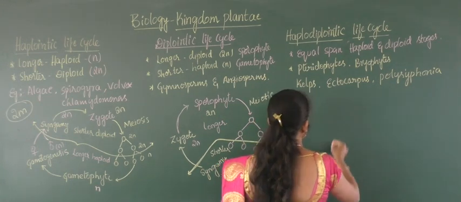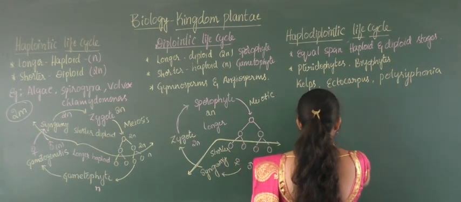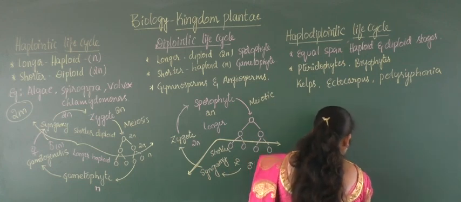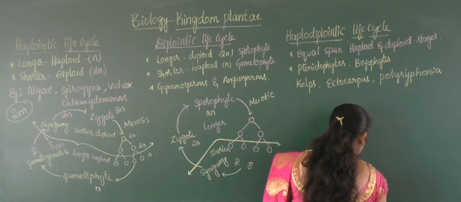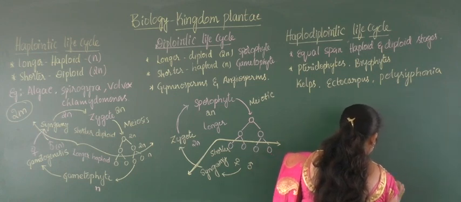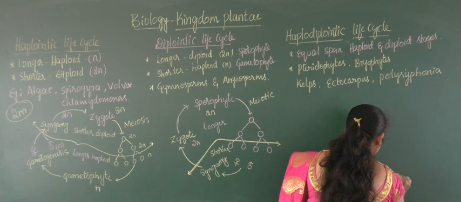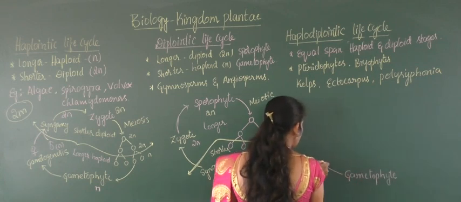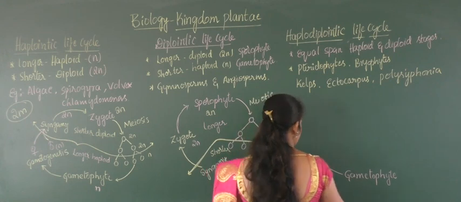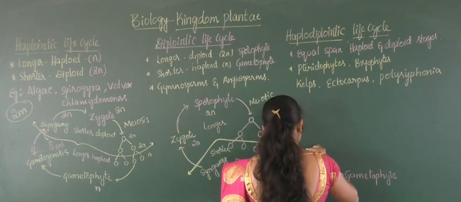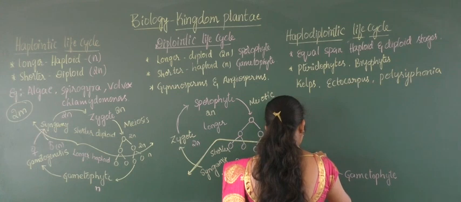So here first will be the gametophytic plant body. I will show you the bryophyte, the gametophytic part of the plant body, and this gametophyte will produce gametes separately on the axis. So that is gametogenesis.